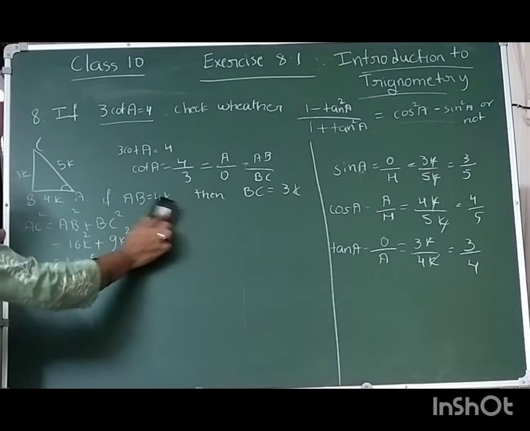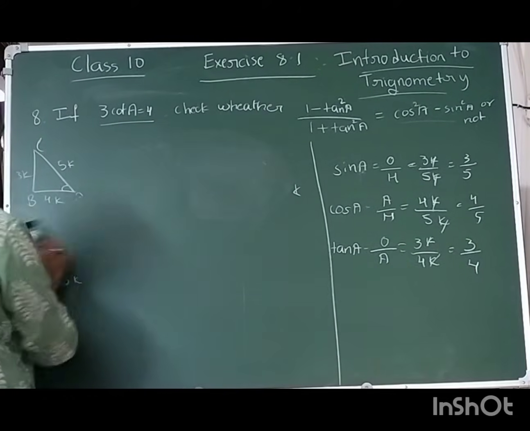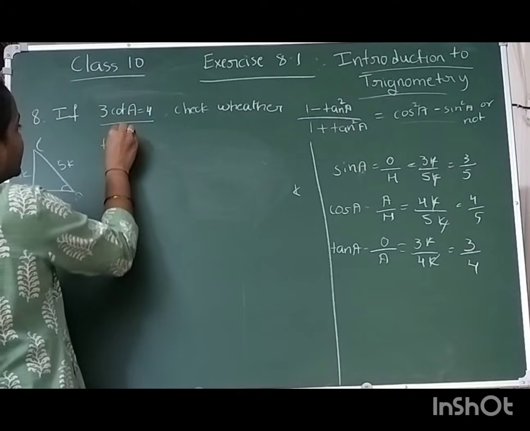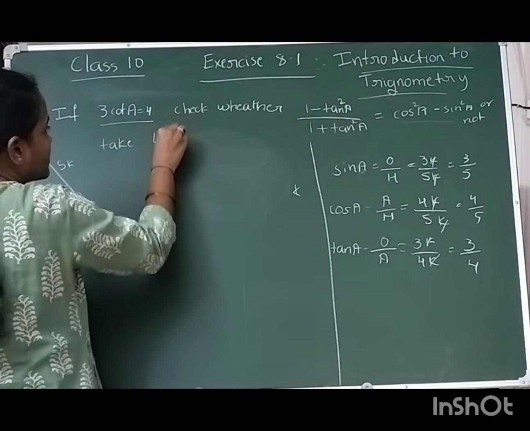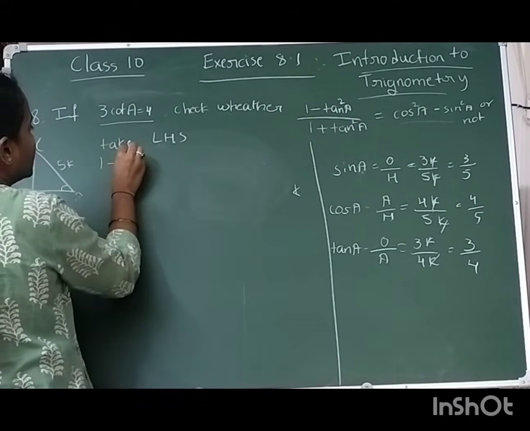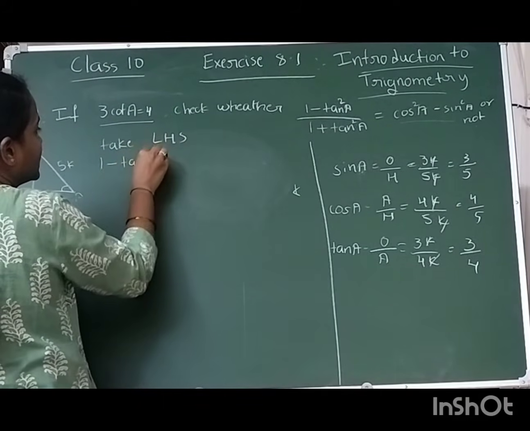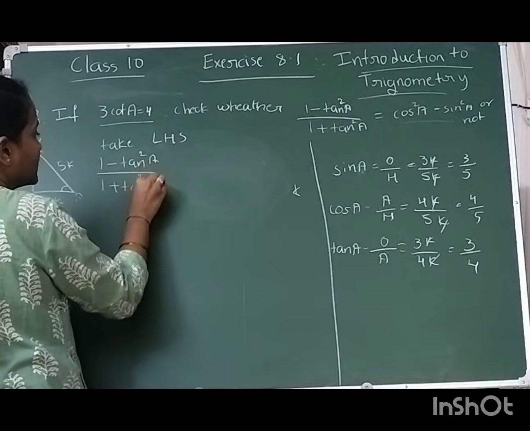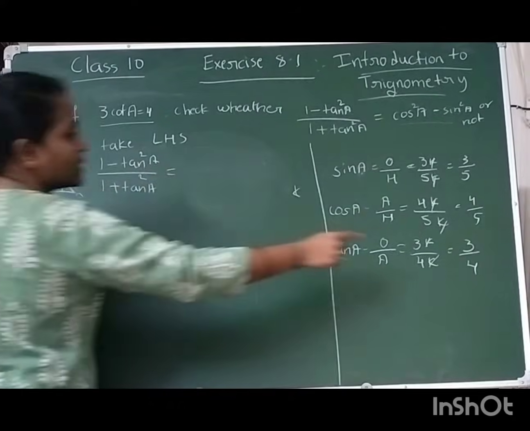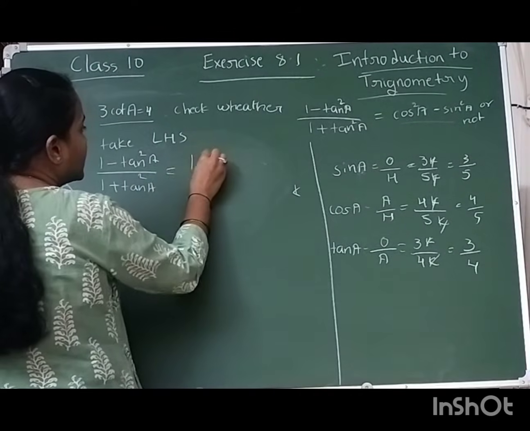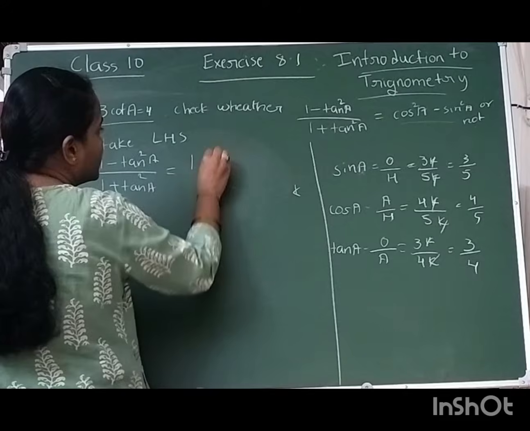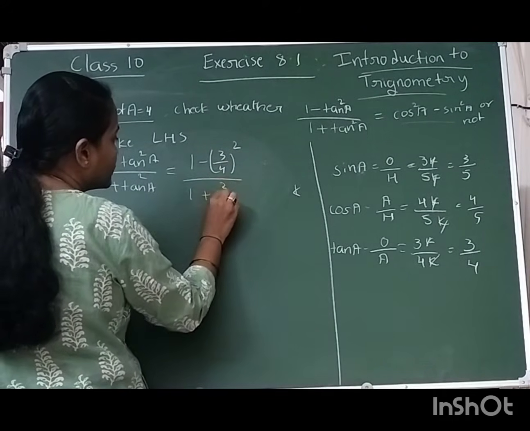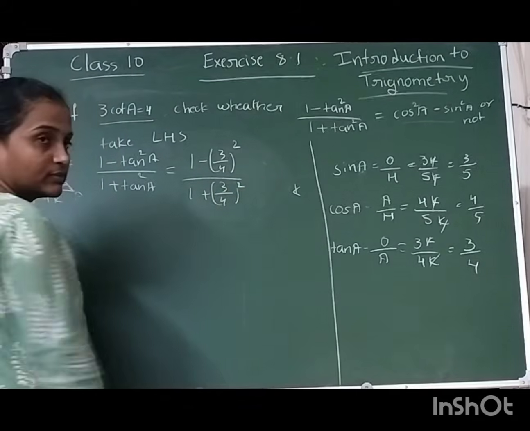Let's solve the equation given. First you take the LHS. It is 1 minus tan square A divided by 1 plus tan square A. So what is tan A? Tan A is 3 by 4. Substitute that. Tan square A is nothing but 3 by 4 whole square. 1 plus 3 by 4 whole square in the denominator.